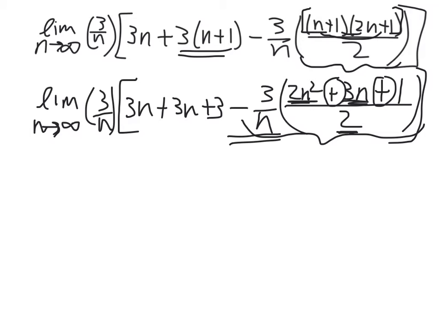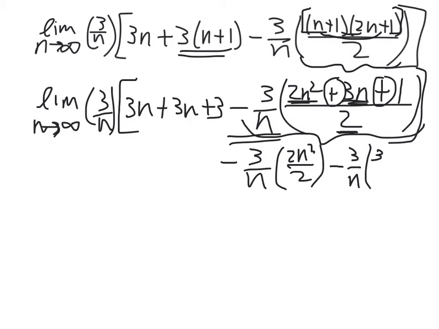So we'll separate it out and then simplify. Sometimes we try to do too much all at once, and that's where we make our mistakes. And then minus 3 over n times 1 over 2. Okay.